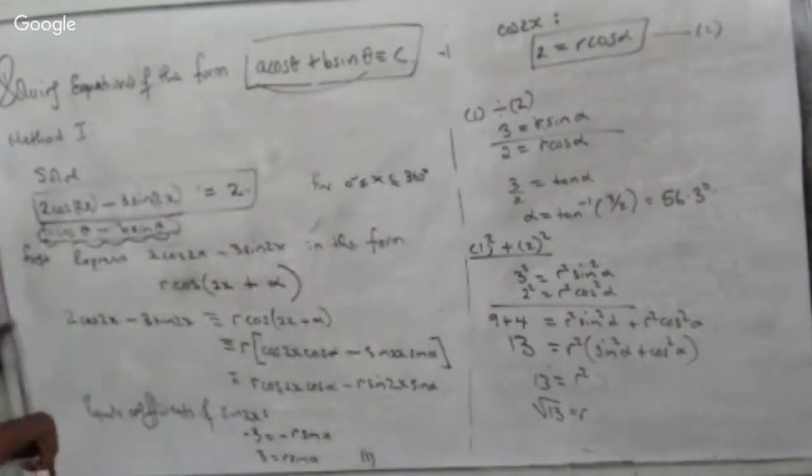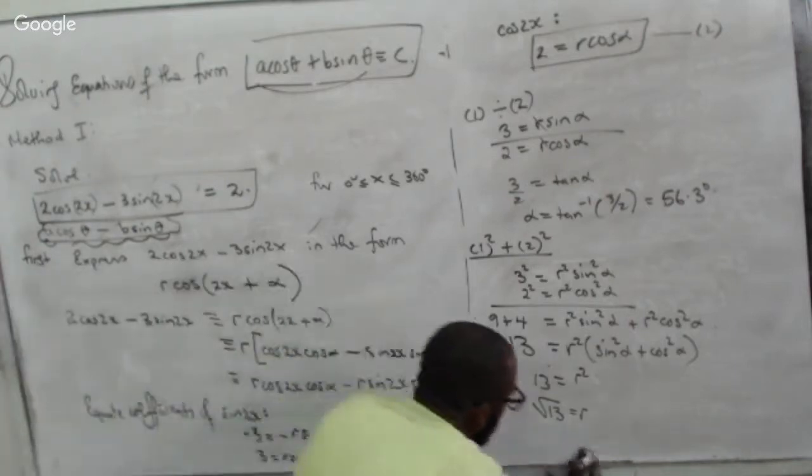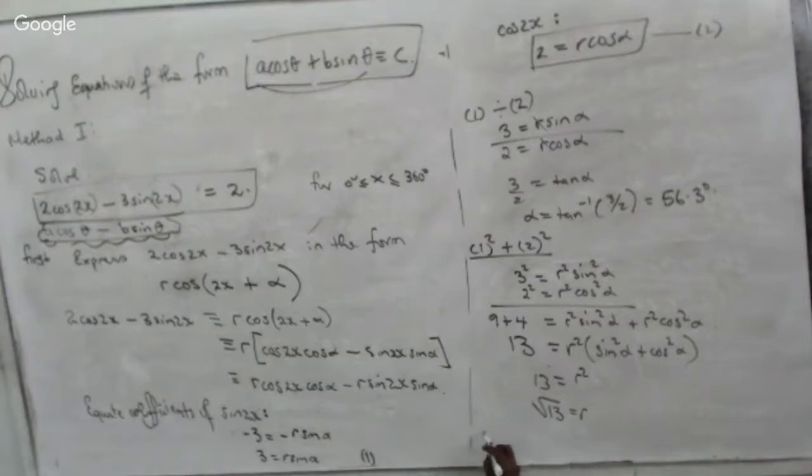So far, I would have said, therefore, twice cosine twice x minus 3 sine twice x will be identical to what?